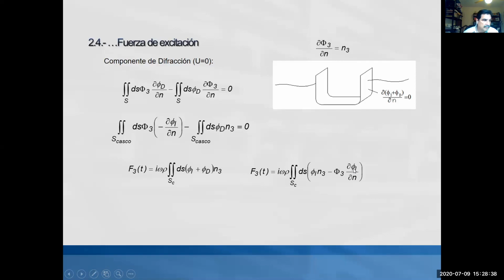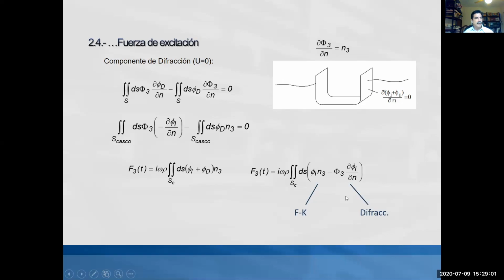Incident waves are very easy to calculate. So this term here is Froude-Krylov, and this term here is the diffraction. Okay, and remember that we already deduced an expression that we can apply in order to calculate this Froude-Krylov term. So let's go on with this.